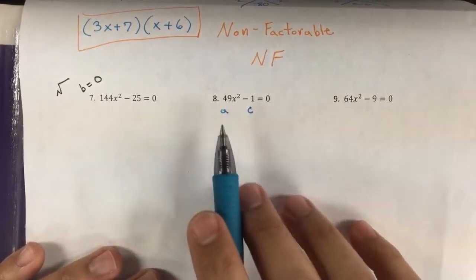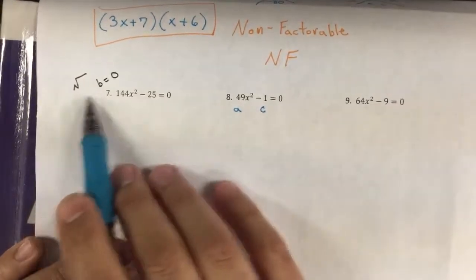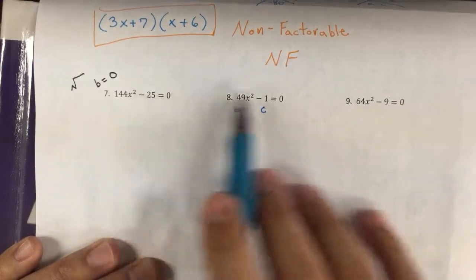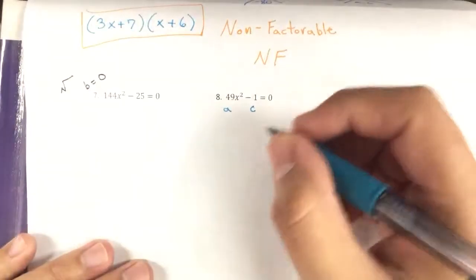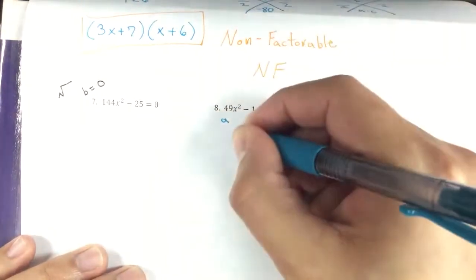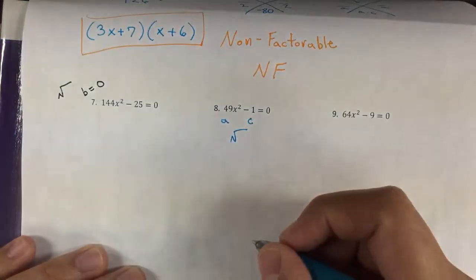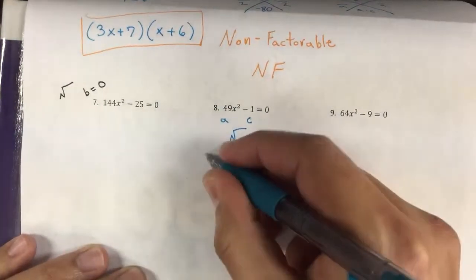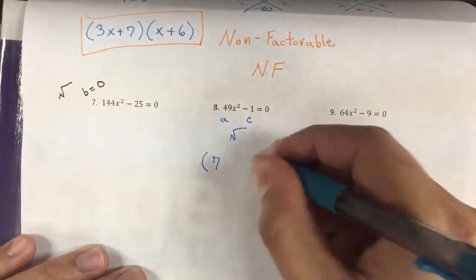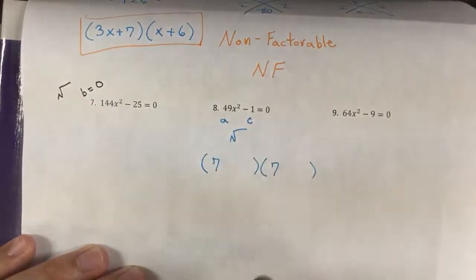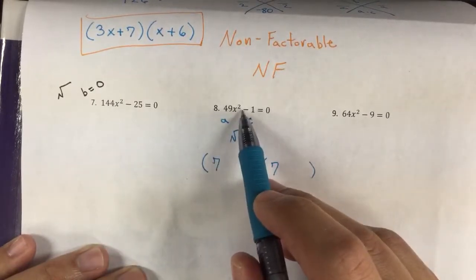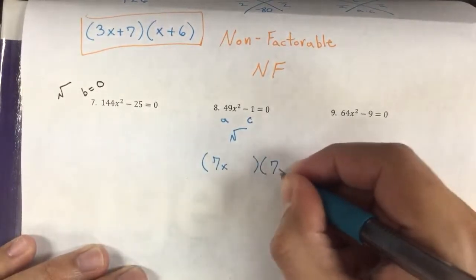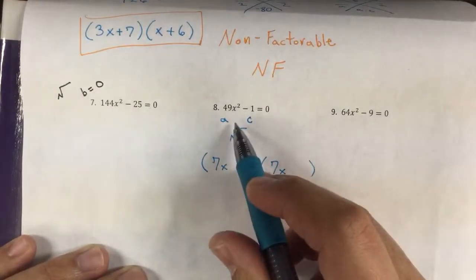But the shortcut for this one, since I'm missing B, is to take the square roots. These numbers should all be perfect squares. Okay? So if I take the square root of both of these, what's the square root of 49? Oh, it's 7. So I'm going to have 7 times 7. 7 times 7 is 49, right? It's the square root of x squared. Well, that's x. x times x gives me x squared.